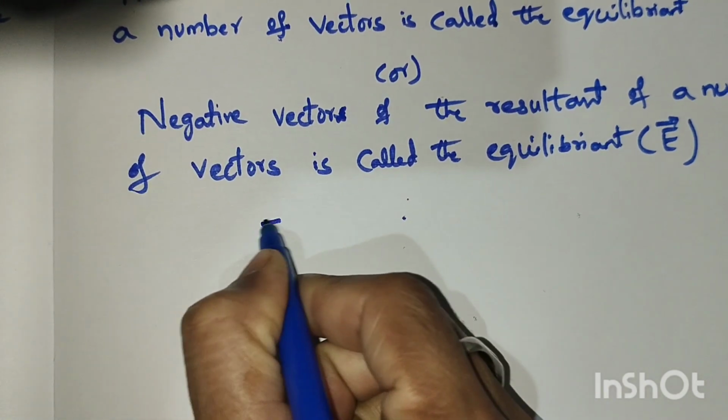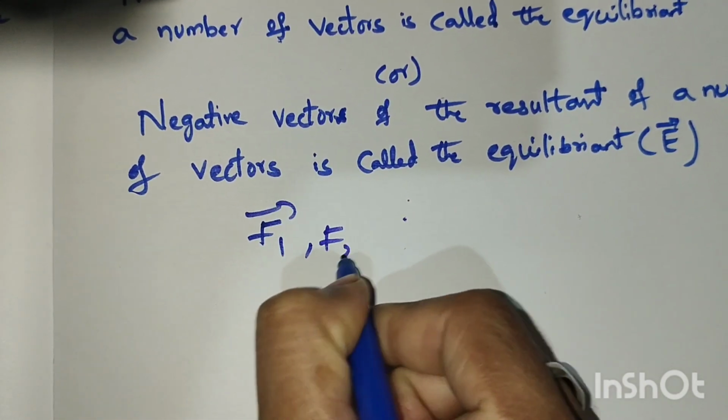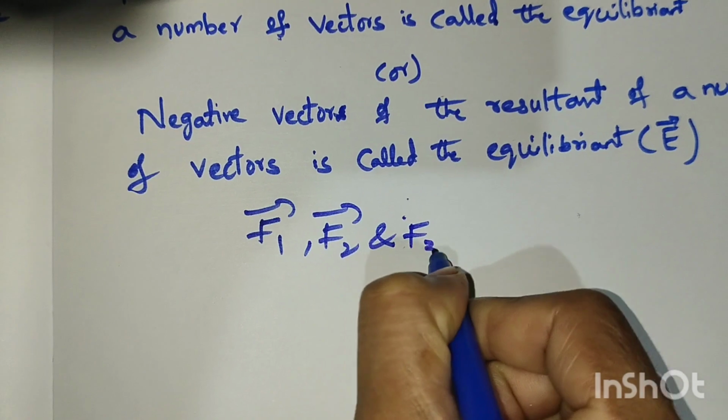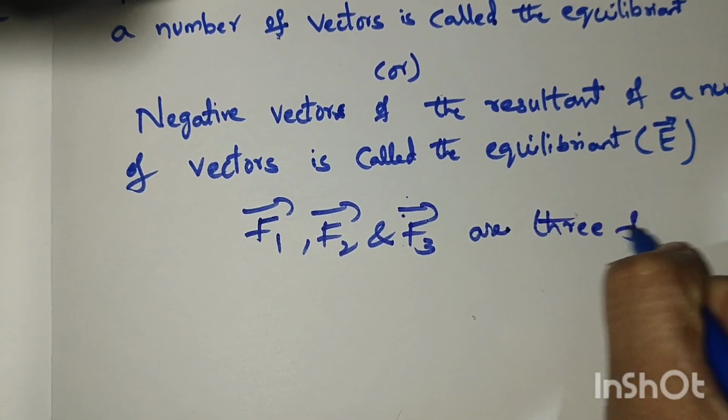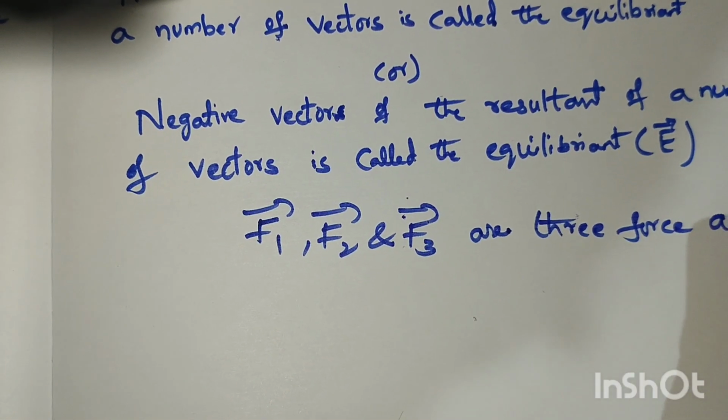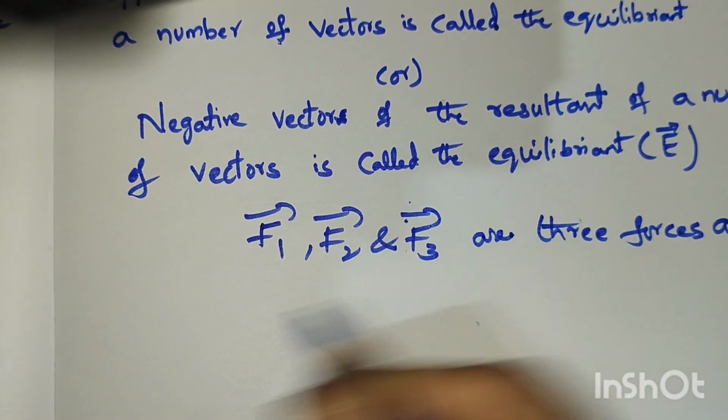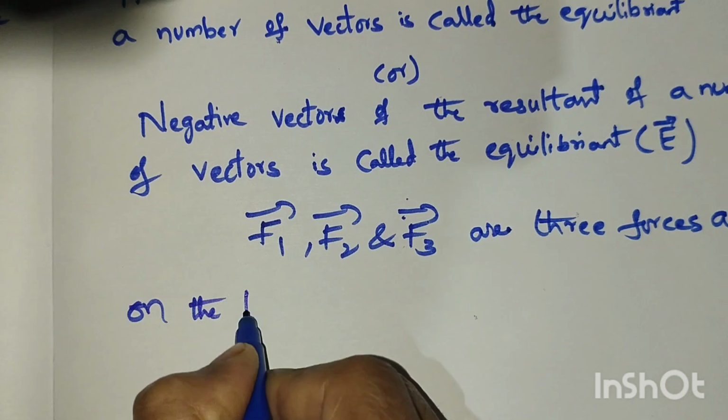Suppose F1 bar, F2 bar and F3 bar are three forces acting on the body.